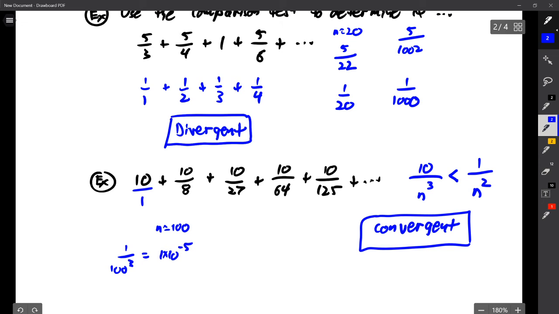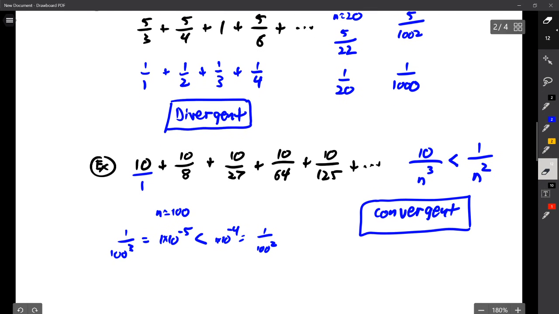And our 1 over 100 squared is 1 times 10 to the negative 4th. So our times 10 to the negative 5th is smaller than our times 10 to the negative 4th. And it's going to just keep being smaller than our known convergent series. So because it's getting smaller more quickly than our known convergent series, we can conclude convergent. Okay? Hopefully that makes sense.